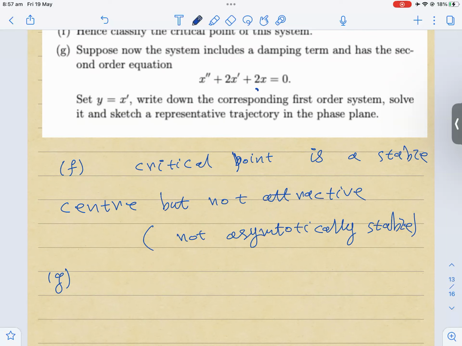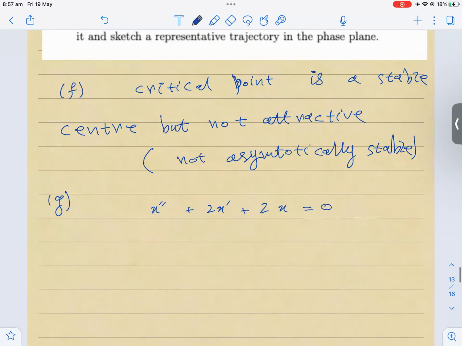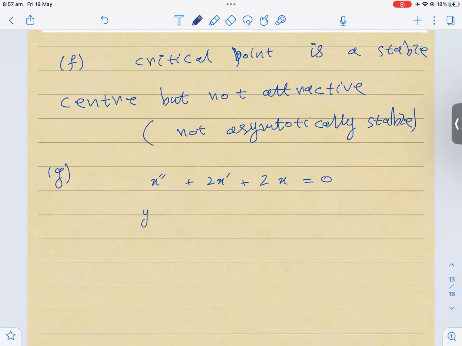Part G and the last one. Okay. Can we finish that? Yes. So x double dash plus 2x prime plus 2x, the damping part. And we see that y is equal to x prime.